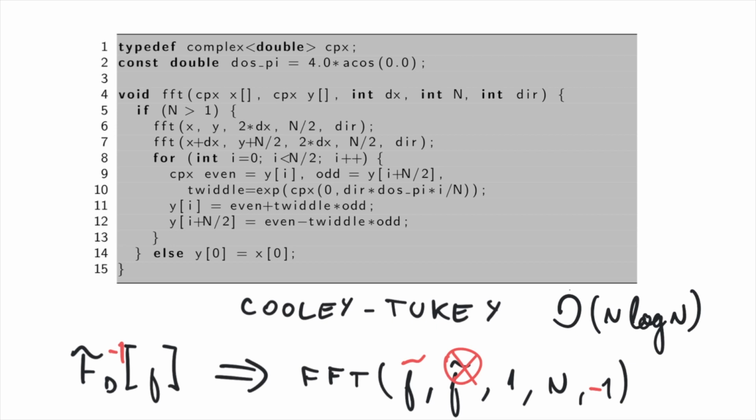So this is all I want to say about the fast Fourier transform. I want to just point out that it's a very short code, so it's actually a simple thing, even if maybe mathematically it's more complex than other things that we have seen.